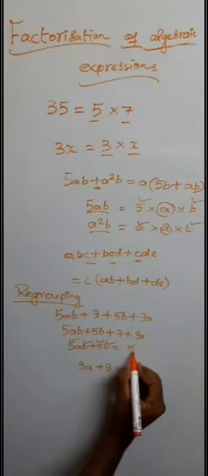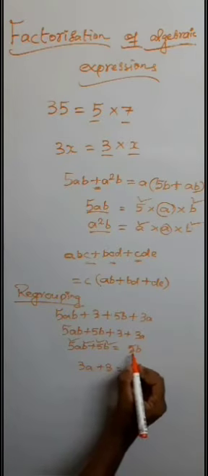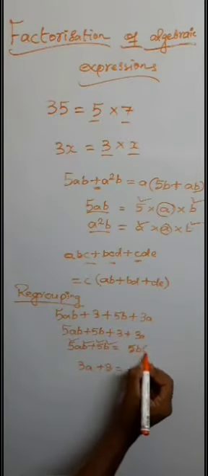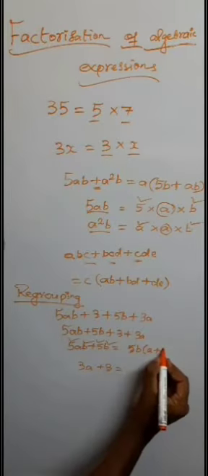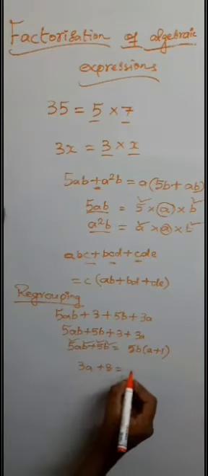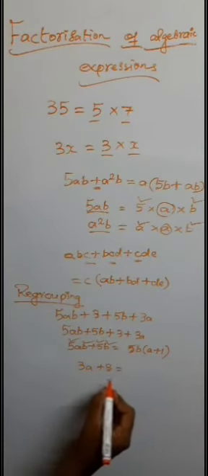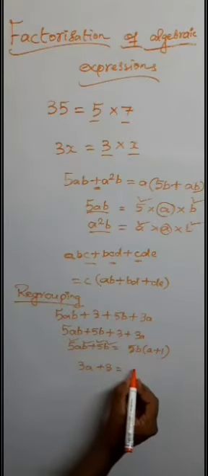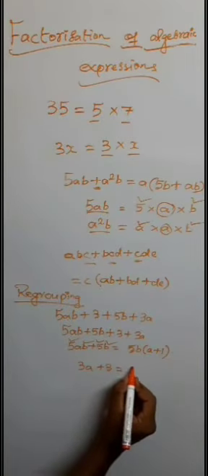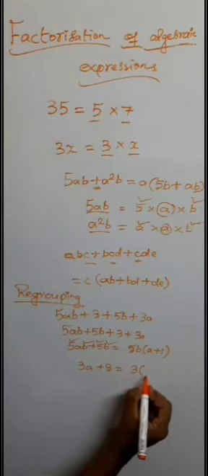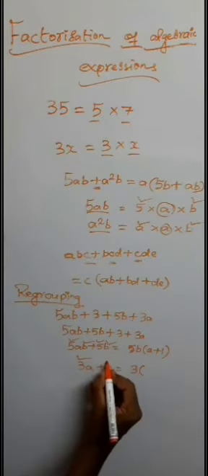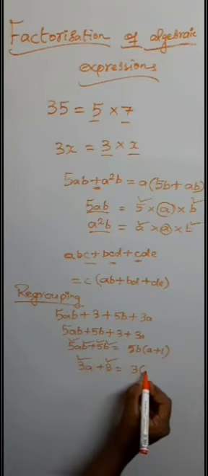After taking 5b outside, we have a in first term and 1 in second term. In 3a plus 3, we have 3 as common factor. After taking 3 outside, we have a and 1.